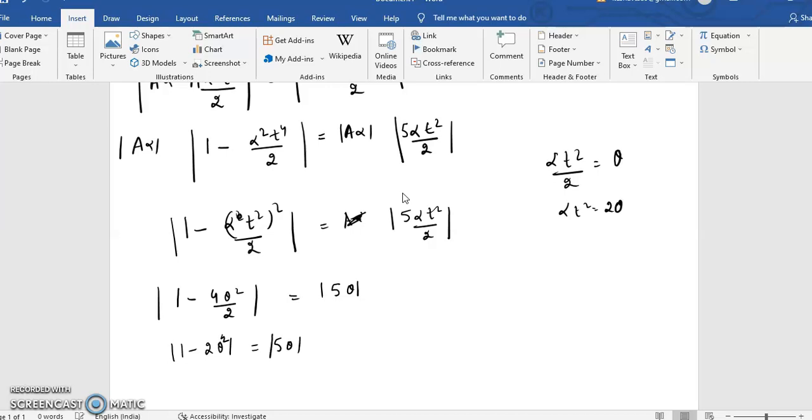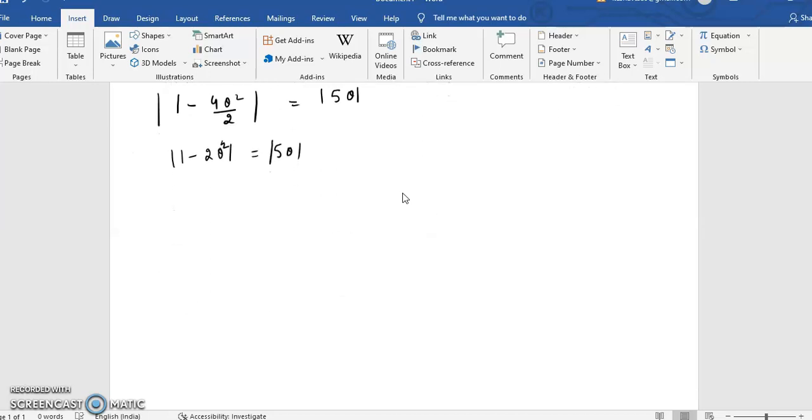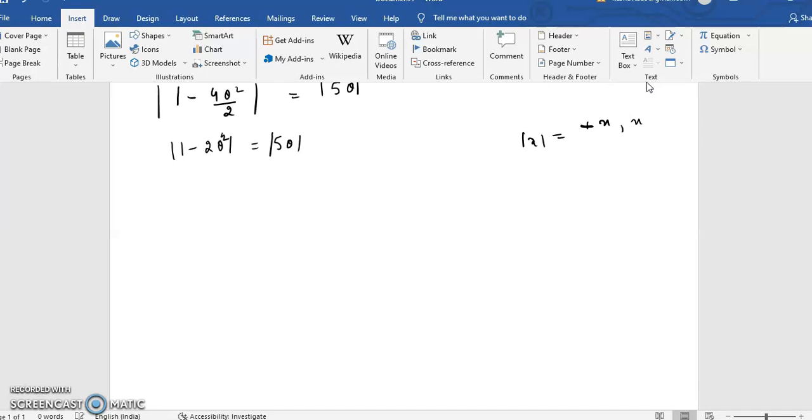Now, as you know, I cannot just write mod x as just x, as mod x can have the value plus x when x is greater than 0, and minus x when x is less than 0. So see, if our theta is greater than 1 over root 2, then this theta squared will be greater than 1 over root 2 squared, and this expression will become negative while this will stay positive.